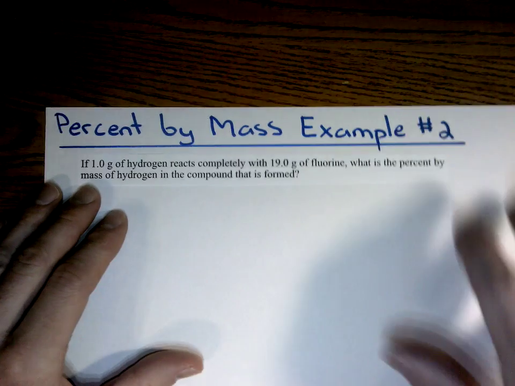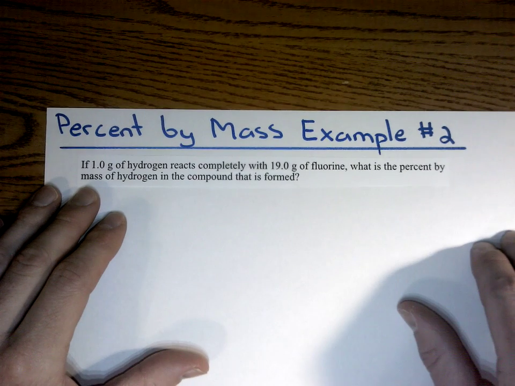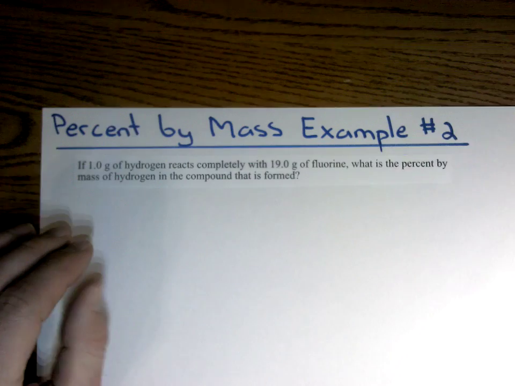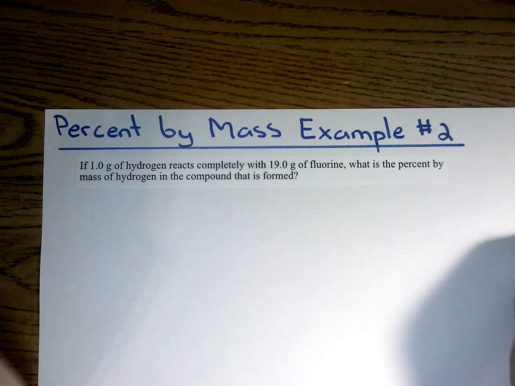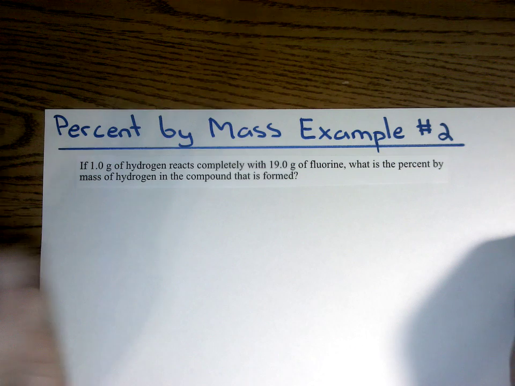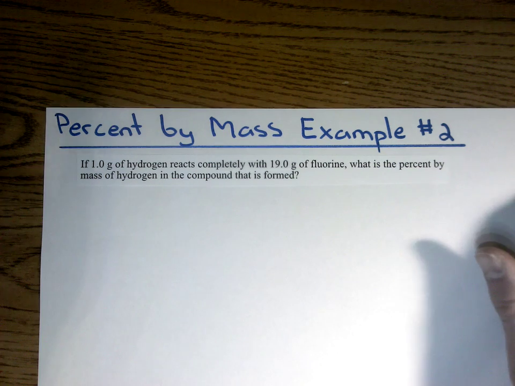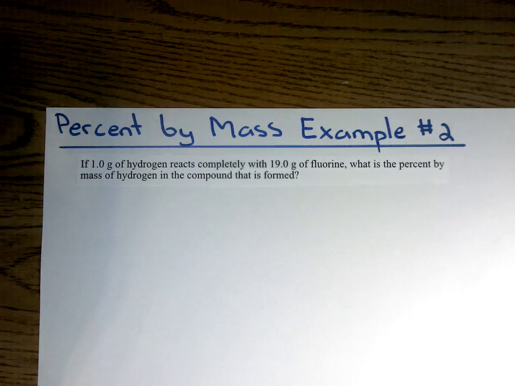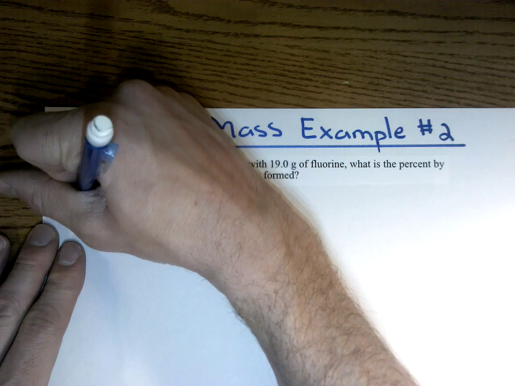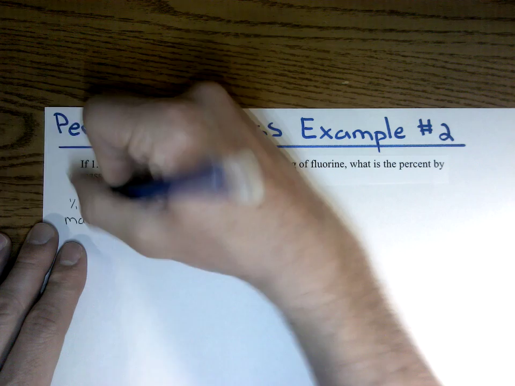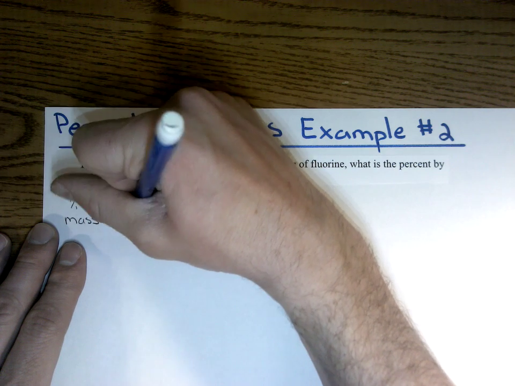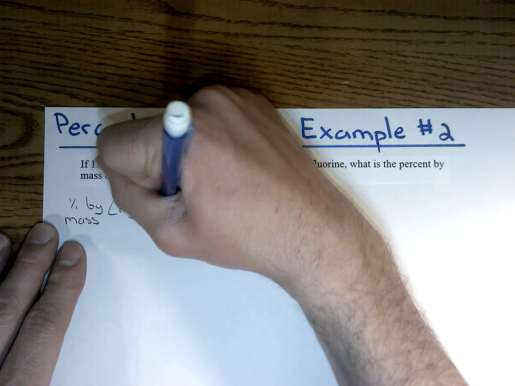This time it says if 1 gram of hydrogen reacts completely with 19 grams of fluorine, we want to know the percent by mass of hydrogen in the compound that is formed. So once again, we are going to identify the percent by mass of hydrogen, but we're going to have to do it a little bit differently.